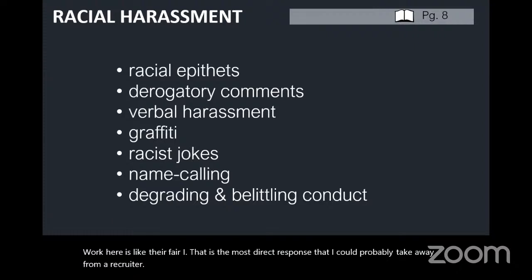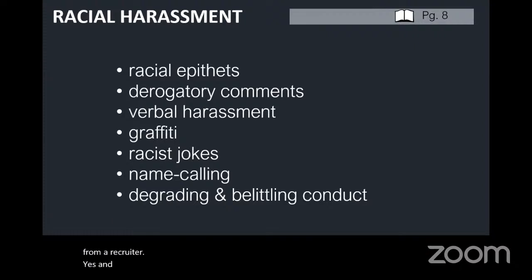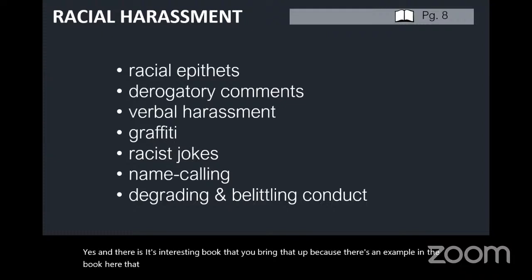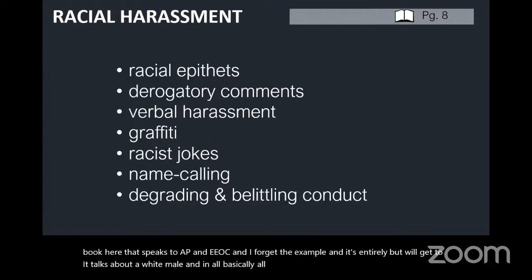Yes, and actually it's interesting, Brooke, that you bring that up, because there's actually an example in the book here that speaks to AAP and EEOC, and I forget the example in its entirety, but we'll get to it. But it talks about a white male and basically, all I want to say, a Black school.